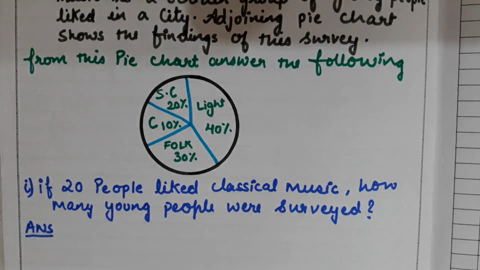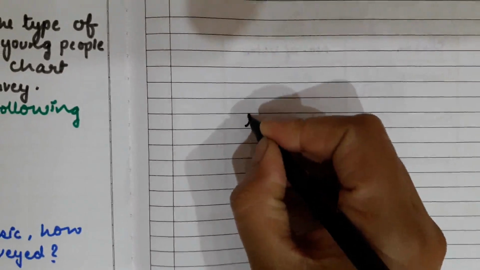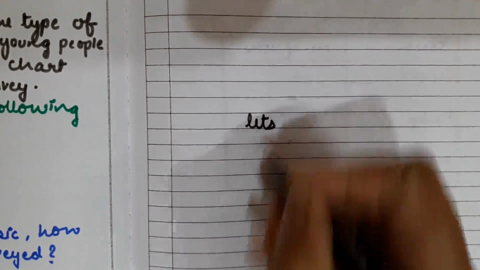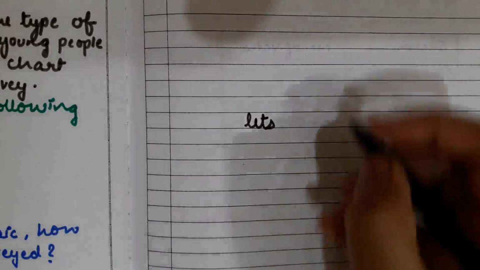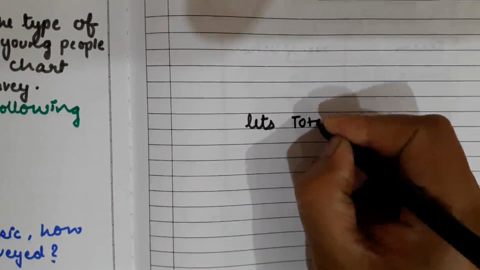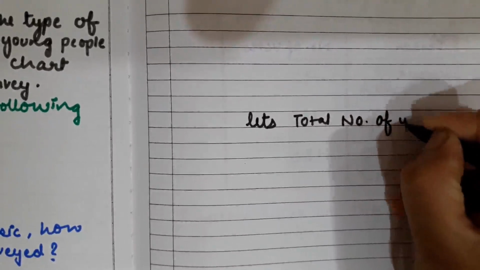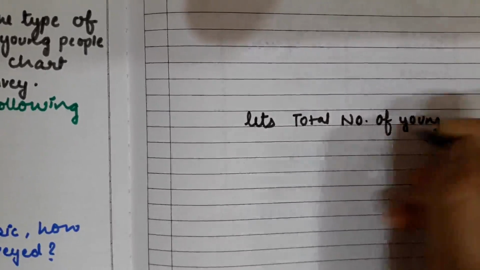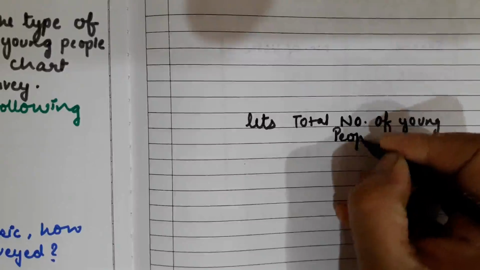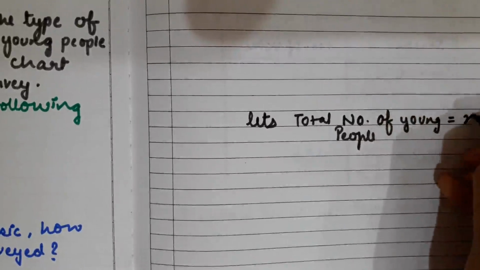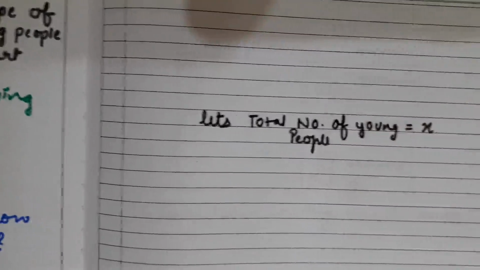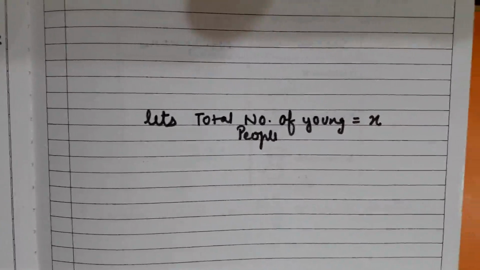For that, let's imagine that the total number of young people who participated is equal to x.